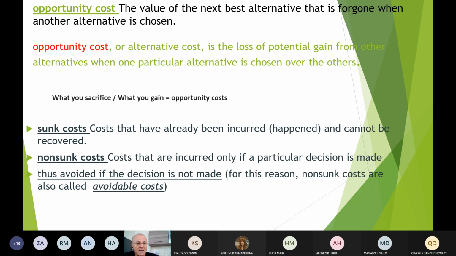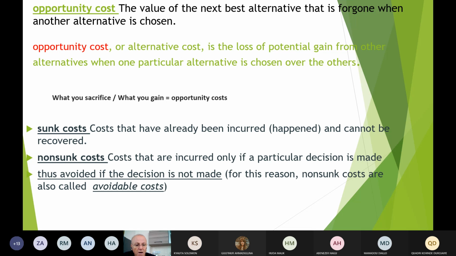And the opportunity cost is defined as the value of the next best alternative that is foregone when another alternative is chosen. This means you have to give up something to get something. An opportunity cost or alternative cost is the loss of potential gain from other alternatives when one particular alternative is chosen over the others. What you sacrifice divided by what you gain gives you the opportunity cost.